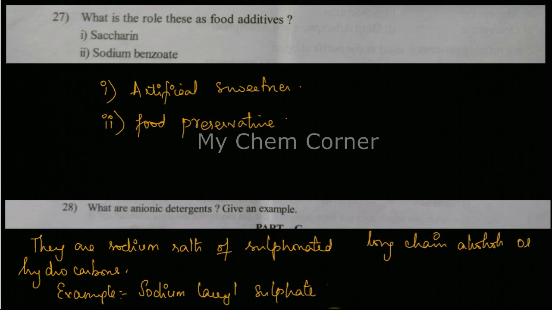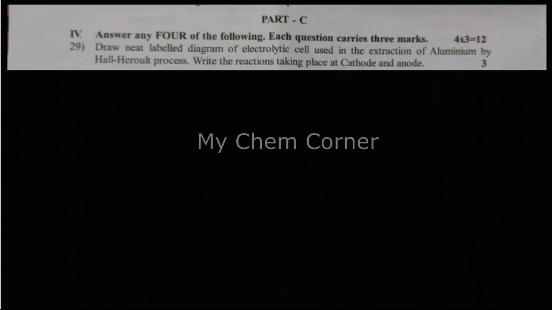Now let's move on to the next part, which is part C. In part C, you are going to have 3 mark questions, and part C is all about inorganic chemistry. So you will have your questions from metallurgy, periodic table chapters, P block, D and F block, coordination compounds. These are the chapters from which you can be asked questions in part C. And they're all 3 mark questions.